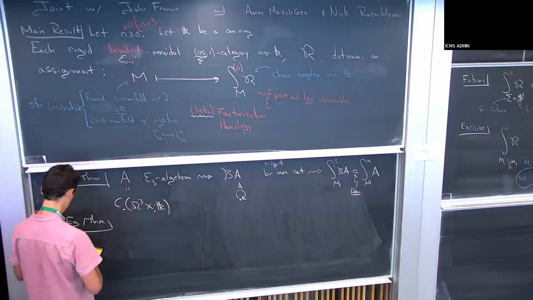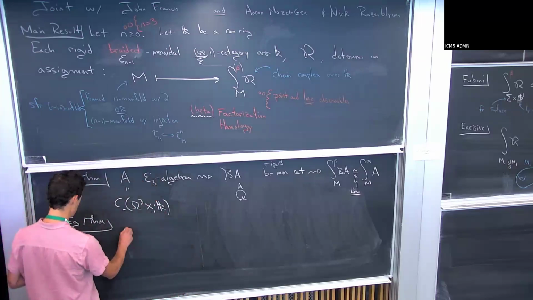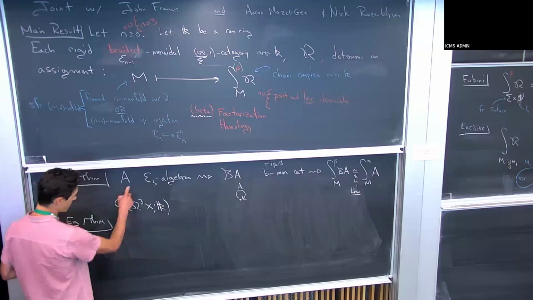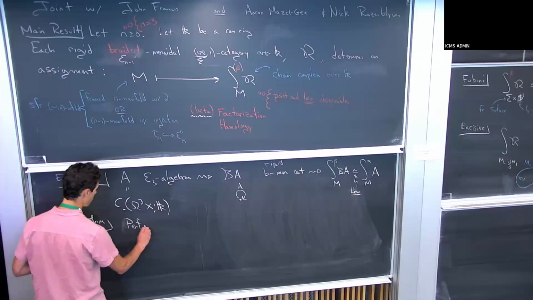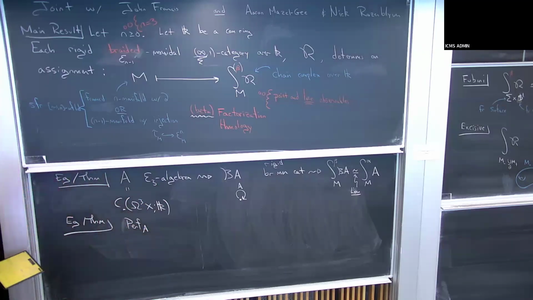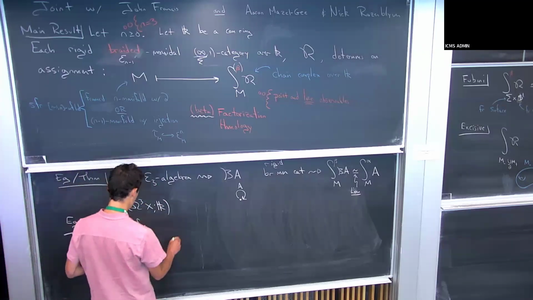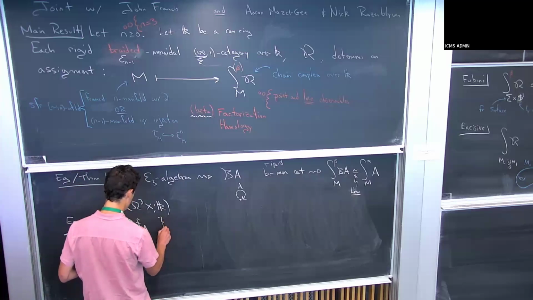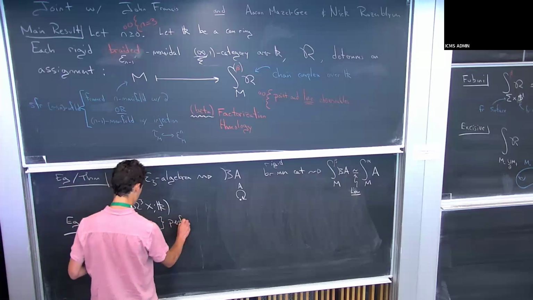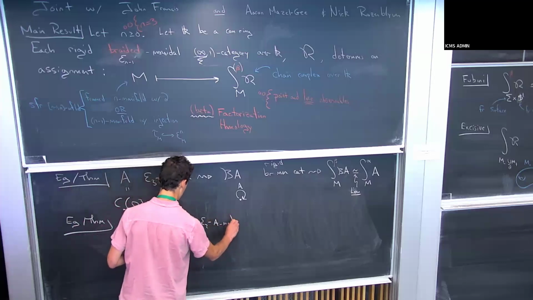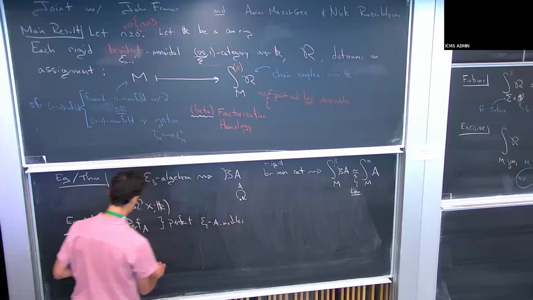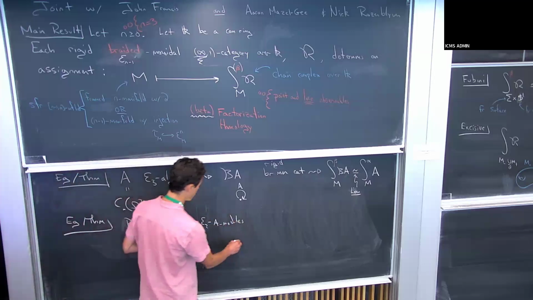Which is a monoidal subcategory, as you know. So another example: for A an E3 algebra, you can look at Perf A. These are perfect E2 A-modules. And there's a picture to go along with it.